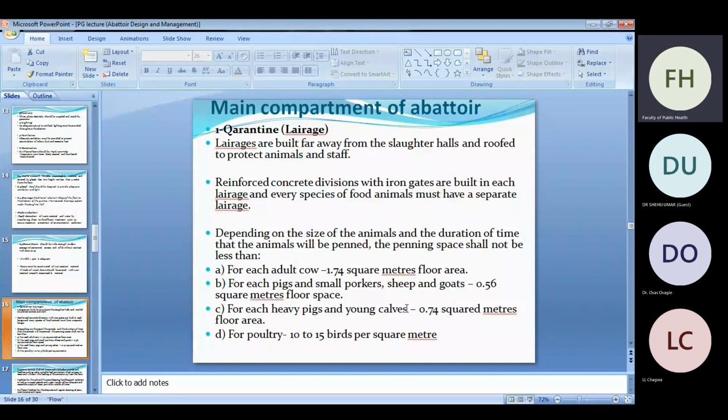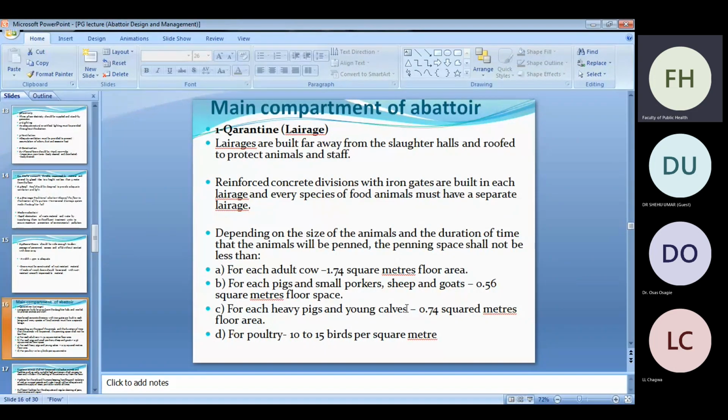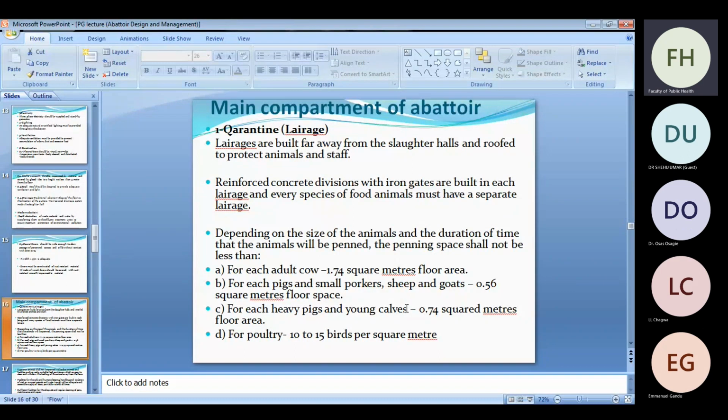They are reinforced with concrete divisions, with iron gates, so that each species of animals is kept separately, depending on the size of the animal and the duration of time the animal is penned.